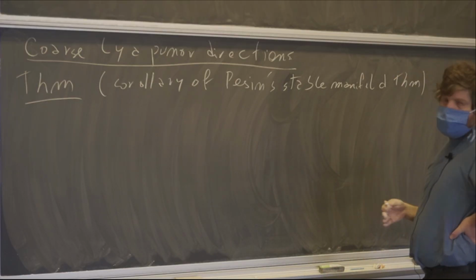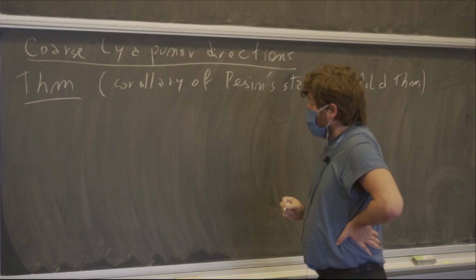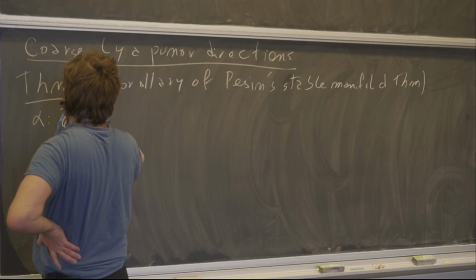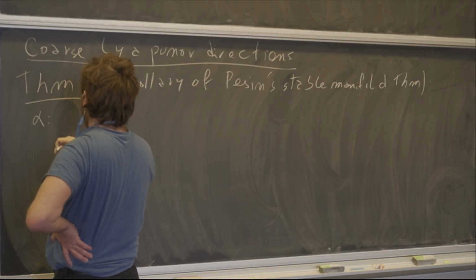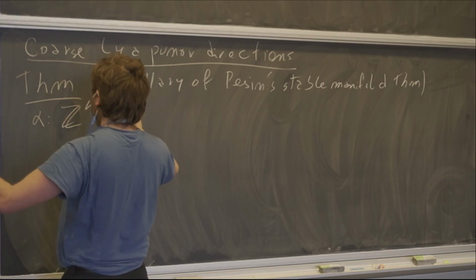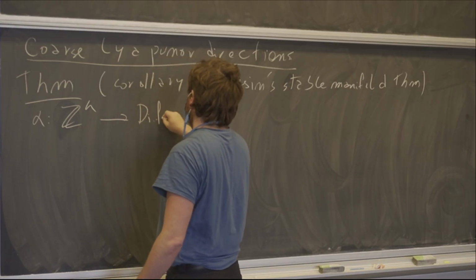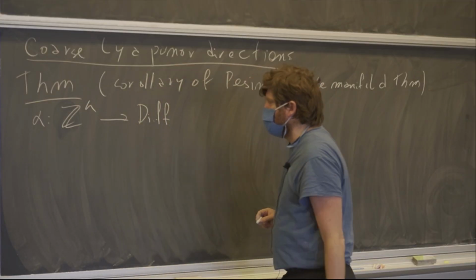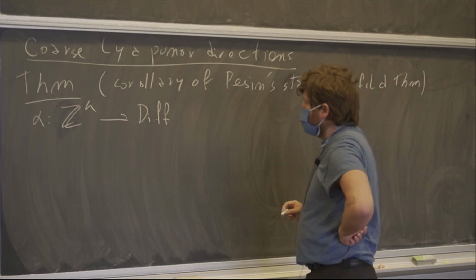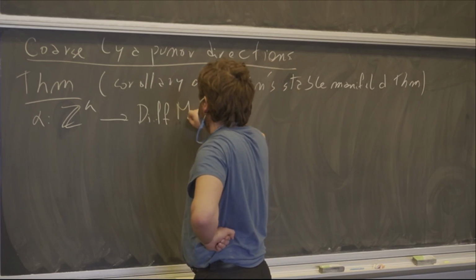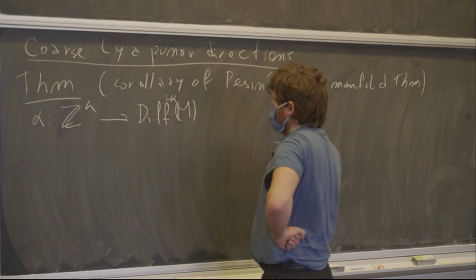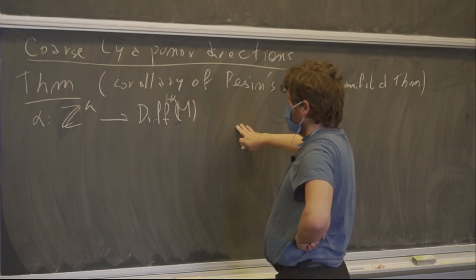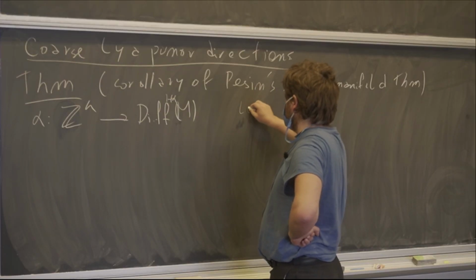Actually, it's a corollary of all of Pesin theory, but anyway. Again, we have alpha, C^k, let's do C^k, R^k is the same. And actually, when it comes to serious application, most of the time you go to R^k by doing the suspension construction, because it's much simpler to deal with. And now we have this, which, as we said, we just need this.